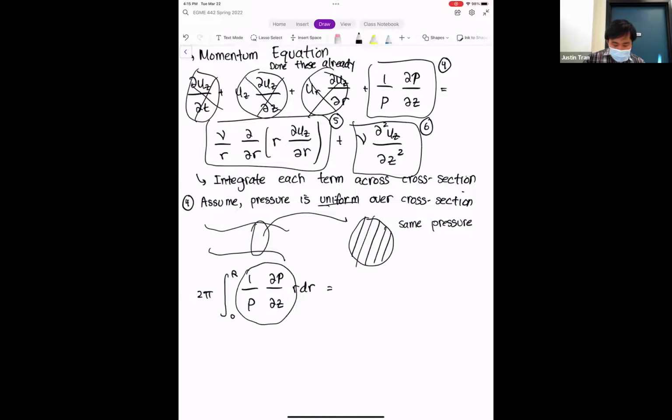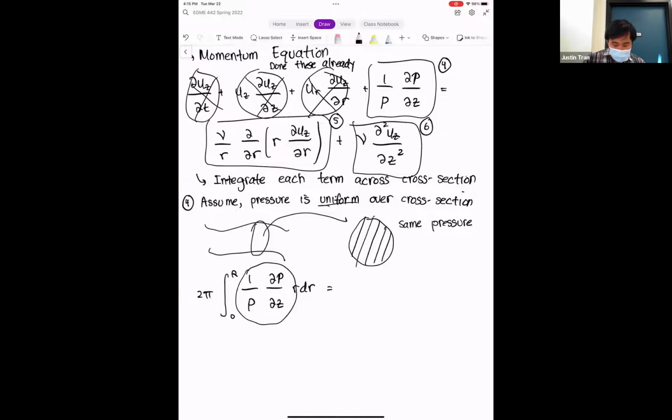Okay. And so we finally evaluated all 6 of the integrals. And so let's go ahead and put all 6 of them together, like we're summoning Voltron or something.